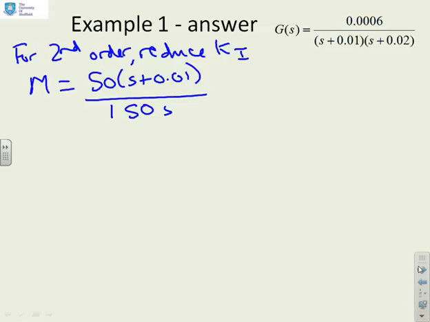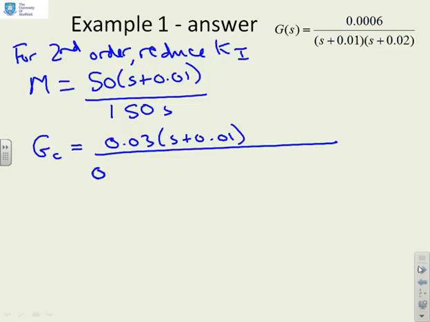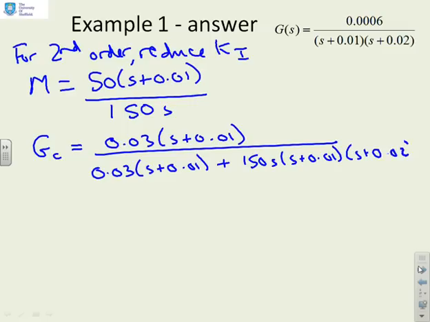And you'll see here the Ki term is half what it was on the previous page. So if I now calculate Gc for this, what I'm going to get is going to be 0.03 into (s plus 0.01) over 0.03 into (s plus 0.01) plus 150s(s plus 0.01)(s plus 0.02).